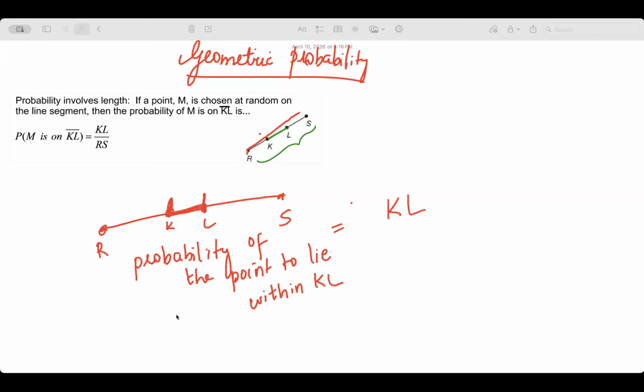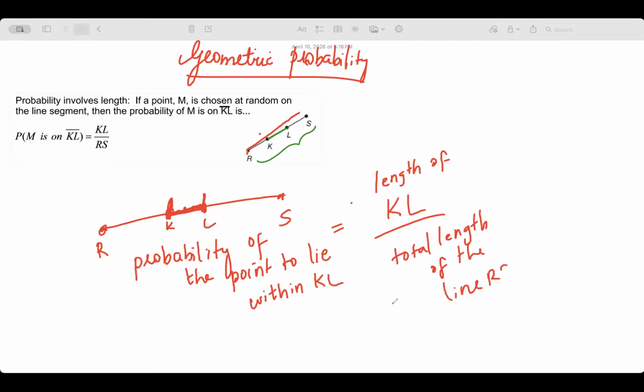The probability of an event is always the favorable chances. If that point lies on KL, it is favorable, right? So the length of KL divided by the total length of the line RS. Any questions here? Make sense? So this is the favorable area divided by the total area.